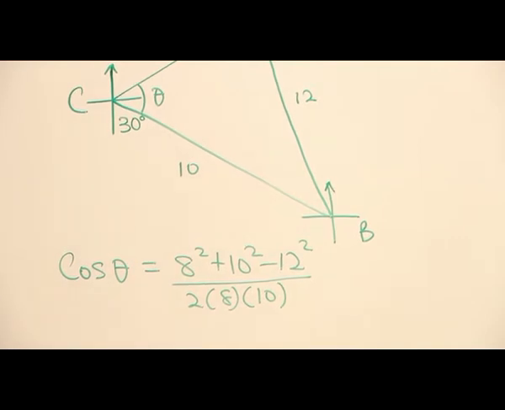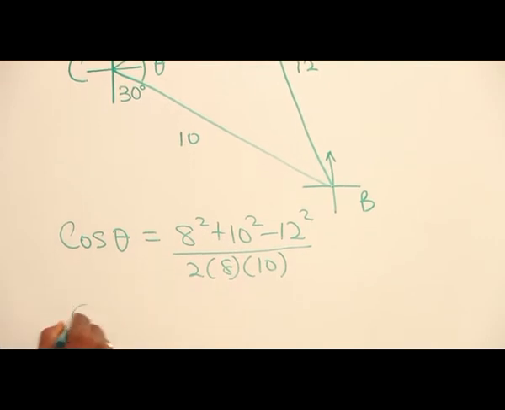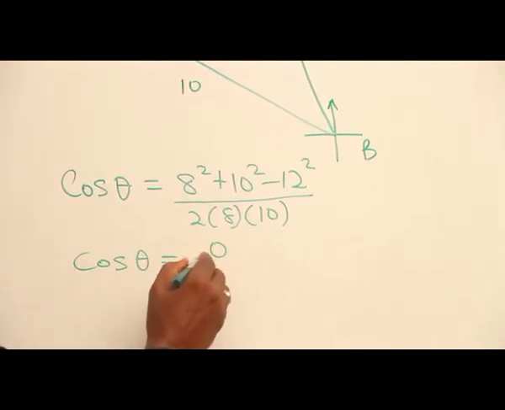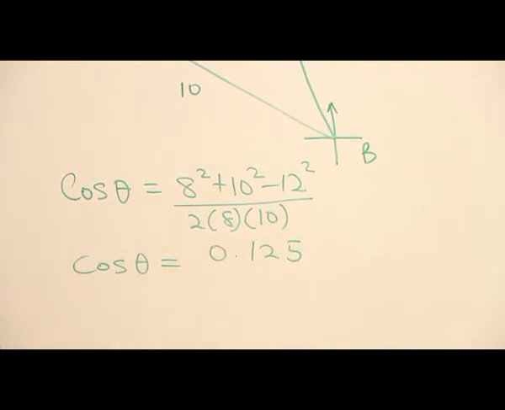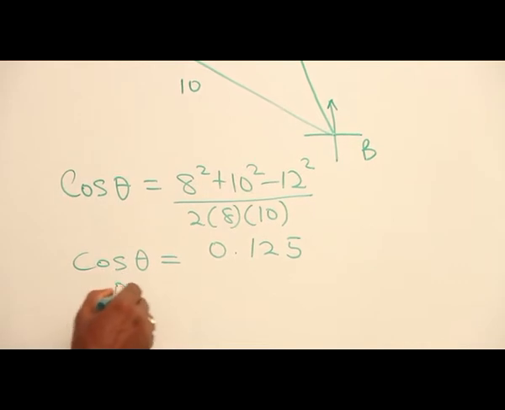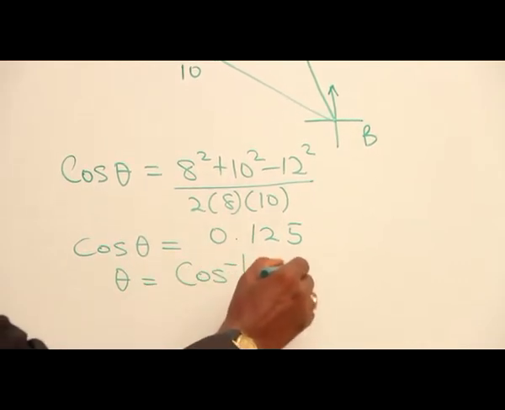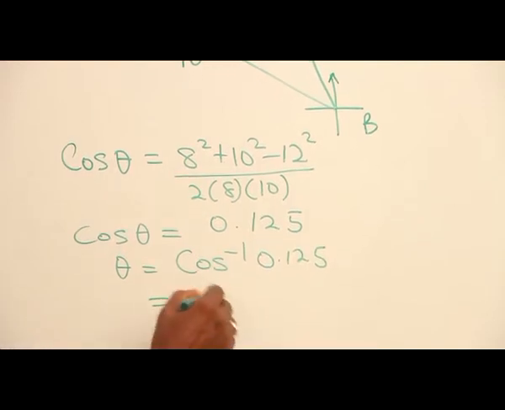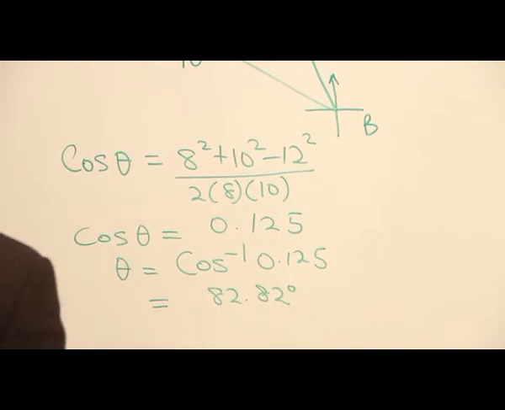Then when you do this and you simplify everything here, you will have your cos theta equal to 0.125. Then we can find our theta as the arc cos of 0.125, and this will give you 82.82 degrees.